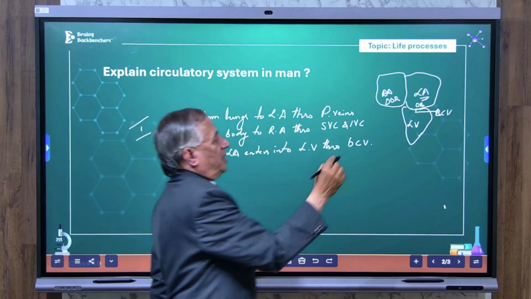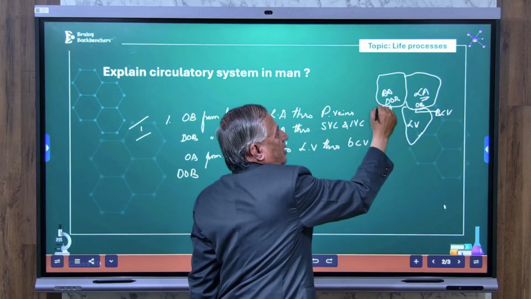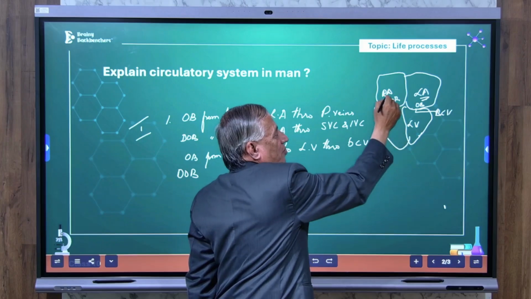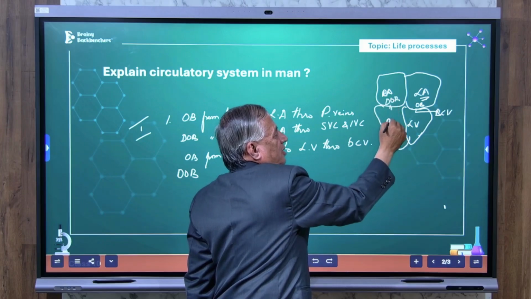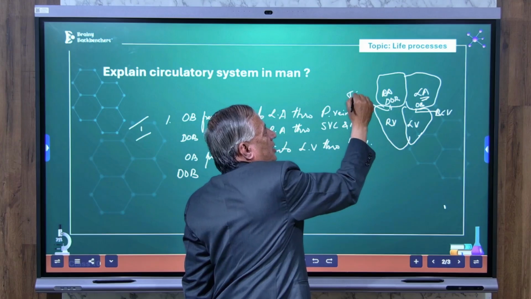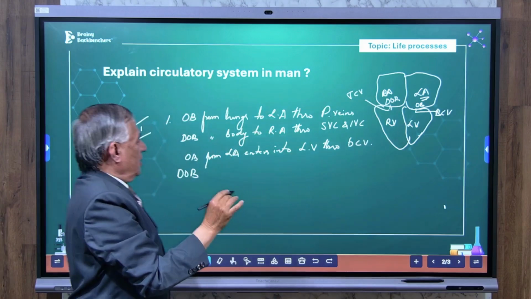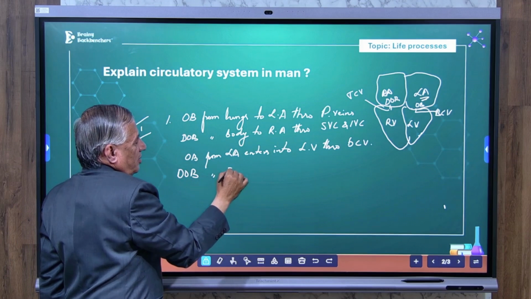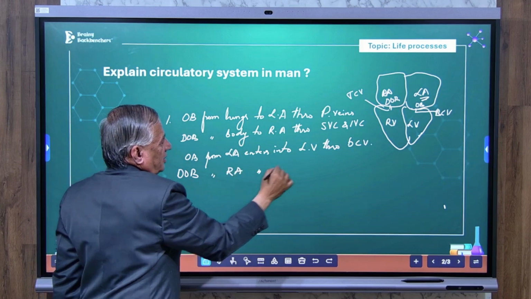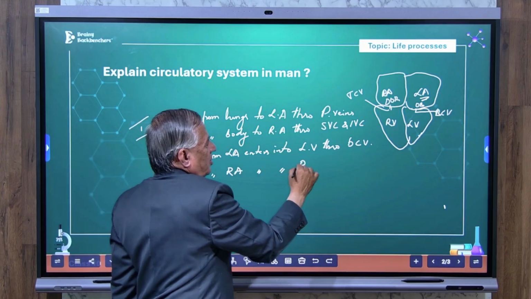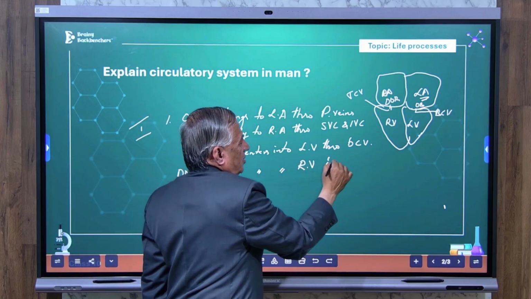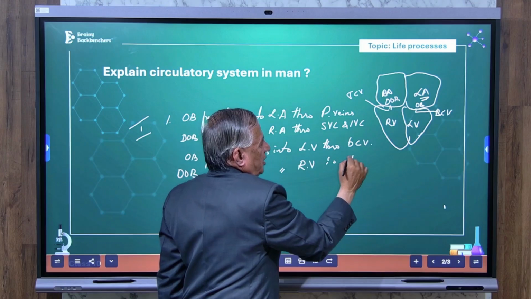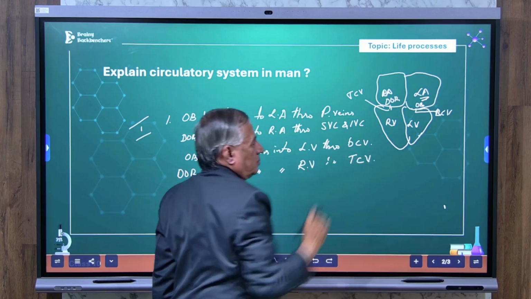At the same time, deoxygenated blood, here you can see, enters from right atrium to right ventricle through the tricuspid valve. So deoxygenated blood from right atrium enters into right ventricle through tricuspid valve.